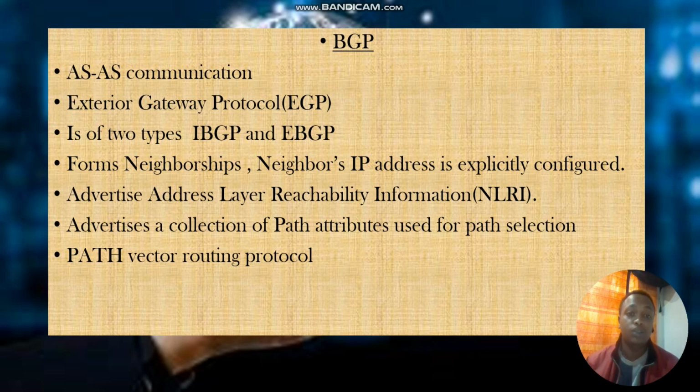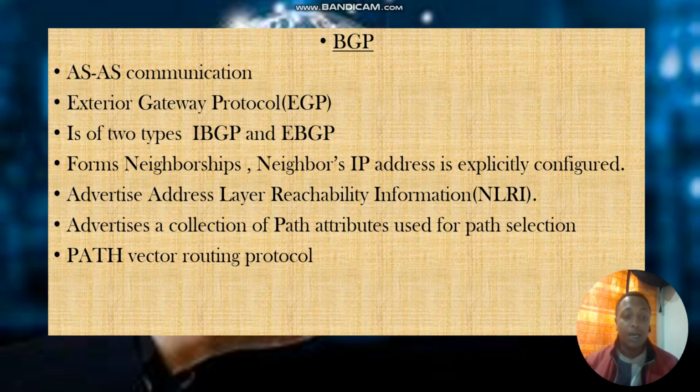You have interior BGP and exterior BGP, and BGP works by forming neighborships, and this neighbor's IP address is explicitly configured. You have to configure that neighbor's IP address, and the neighbors advertise network layer reachability information, and advertise a collection of path attributes that is used for path selection.